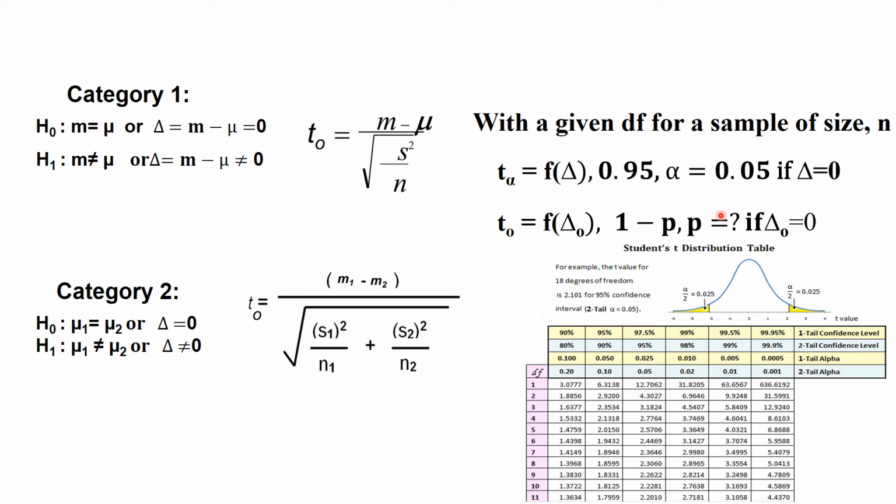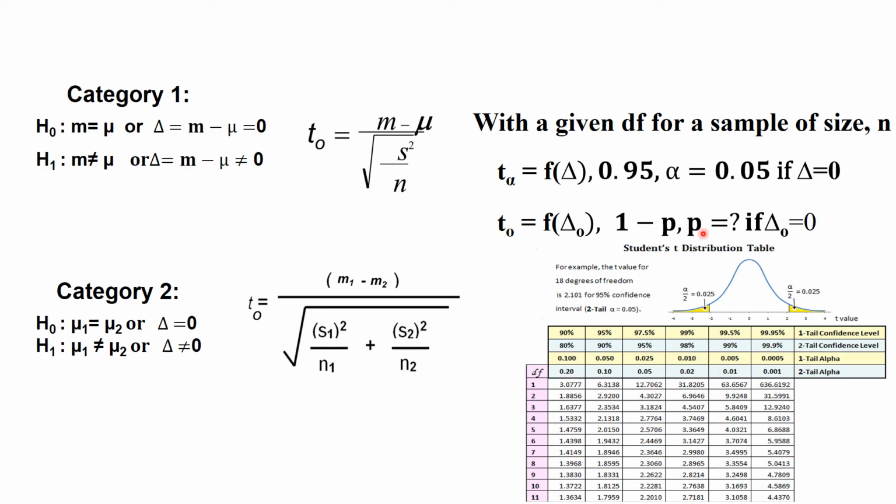So we expect that if the null hypothesis is true, the observed statistic must be the same as the theoretical statistic, considering our sample size. In other words, P here is playing the same role as alpha.